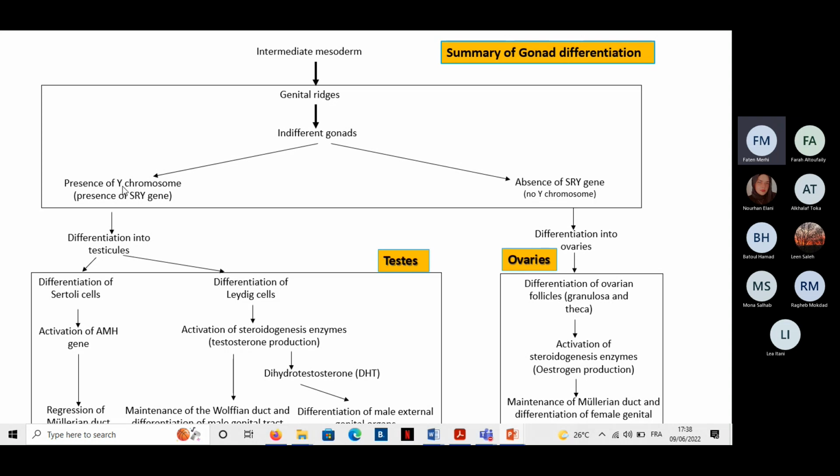So in the males, since they are carrying a Y chromosome, we will have the SRY gene on the Y chromosome, and this gene will lead to the testicular differentiation, to the differentiation of the testis, of the seminiferous tubules, the appearance of Sertoli cells.